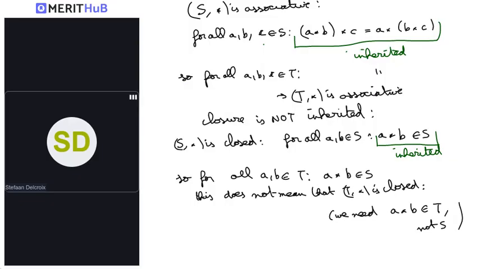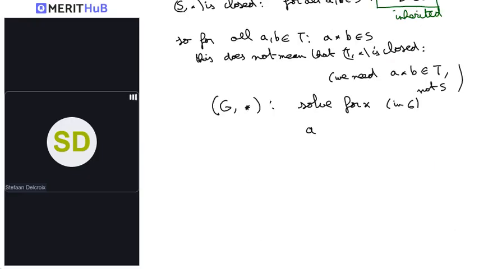Suppose we have G under star, and we want to solve for X in G, of course. So A star X is B, a linear equation.